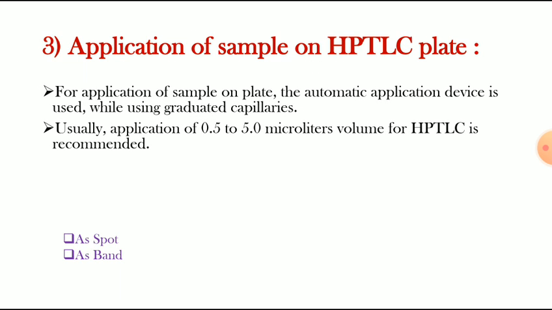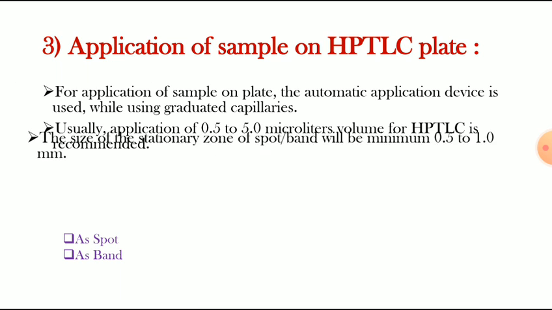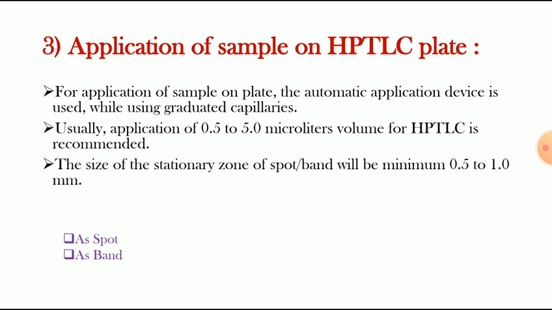Usually, application of 0.5 to 5 microliters volume for HPTLC is recommended. Actually, up to 0.5 to 5 microliters, we can spot the sample on the HPTLC plate. The size of the stationary zone of spot, or we can say band, will be minimum, 0.5 to 1 mm.